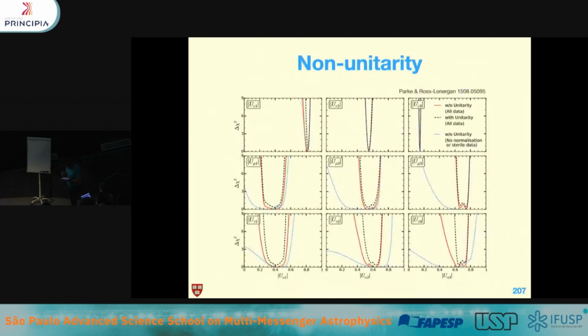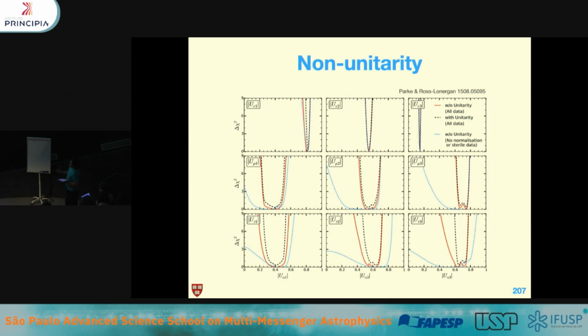So how well do we know that matrix? Well, it depends on whether you assume unitarity or not. Here are the PMNS matrix element measurements shown in two different ways. Every row corresponds to a different flavor. This is electron 1, electron 2. So what does this mean?